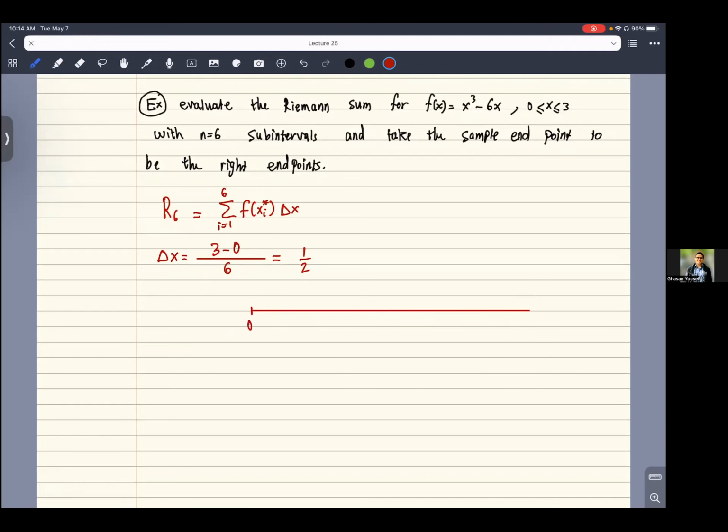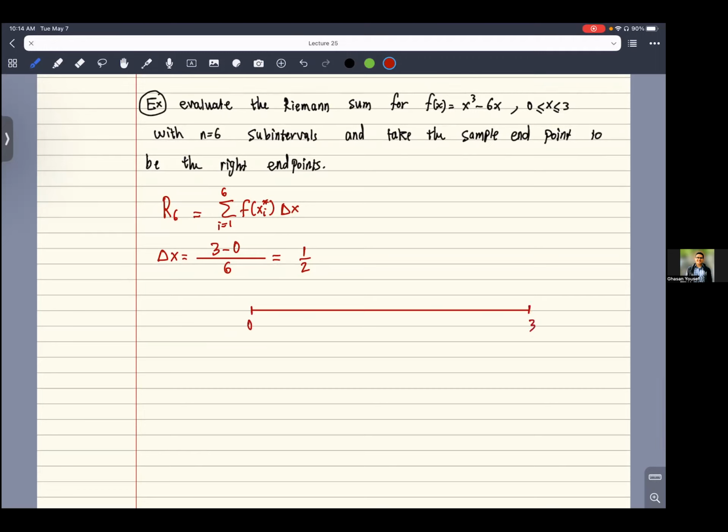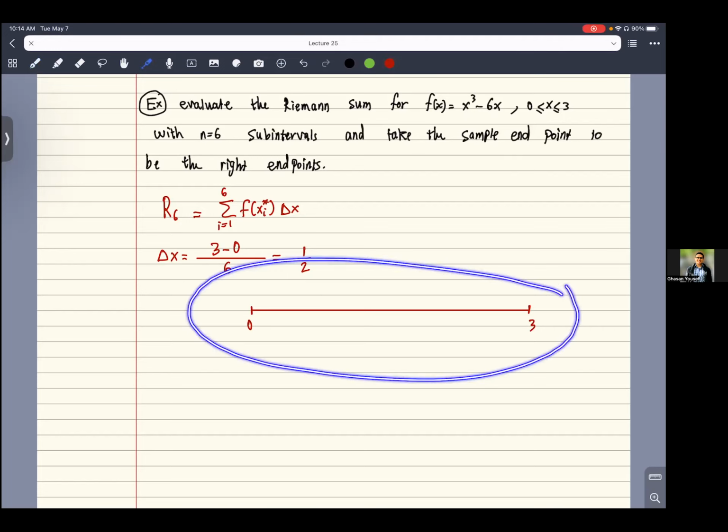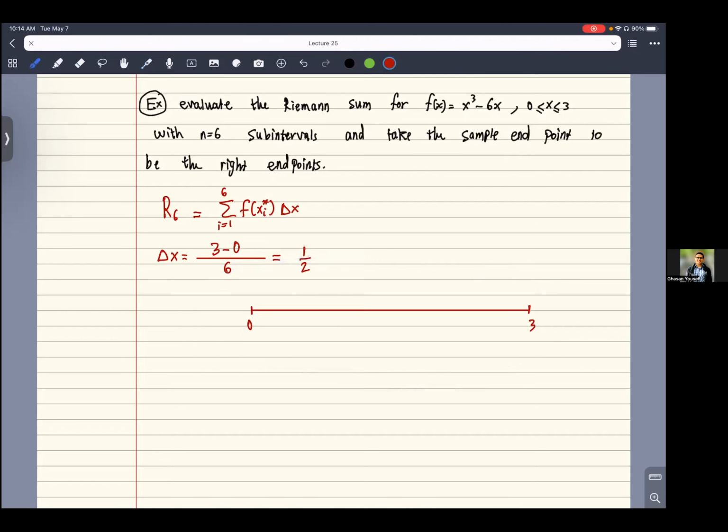The starting point is 0, the ending point is 3, and I need 6 subintervals, so I'm going to divide this interval into 6 subintervals. Here's the first.